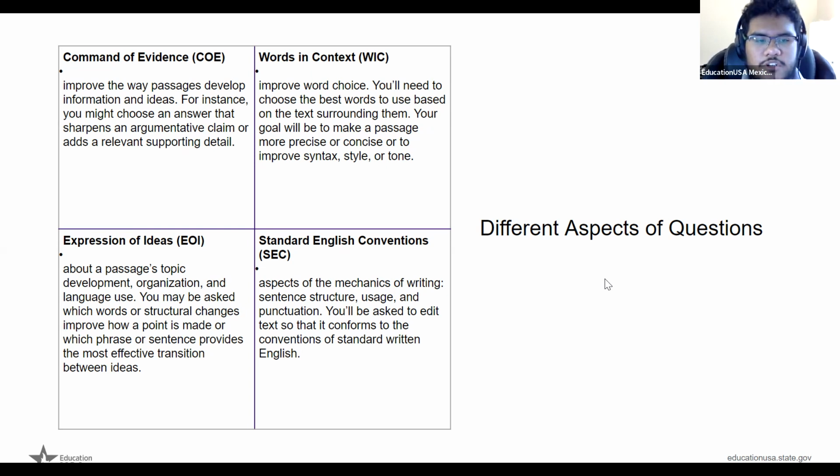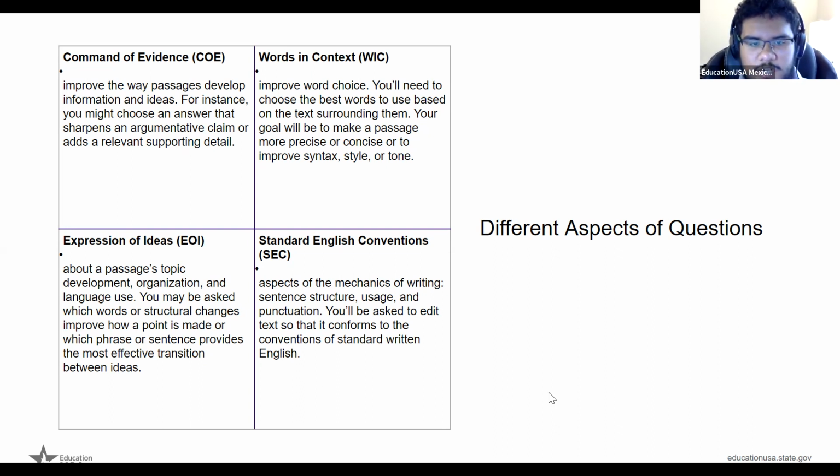For this kind of question, you may be asked which words or structural changes can improve how a point is made, or which phrase or sentence provides the most effective transition between ideas. It's a bit similar to the idea of words in context, but this focuses more on bigger portions of the passage rather than maybe a few words.